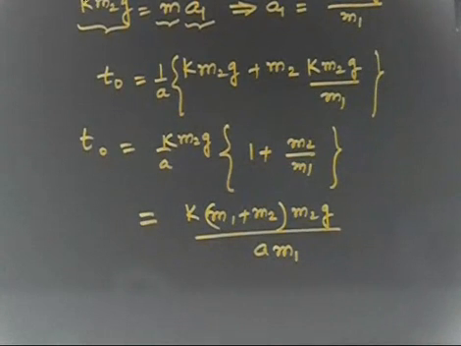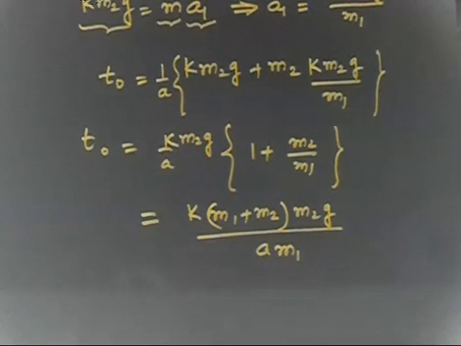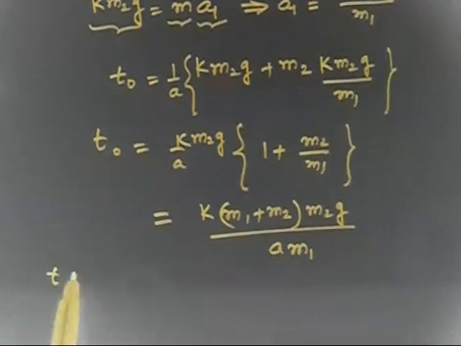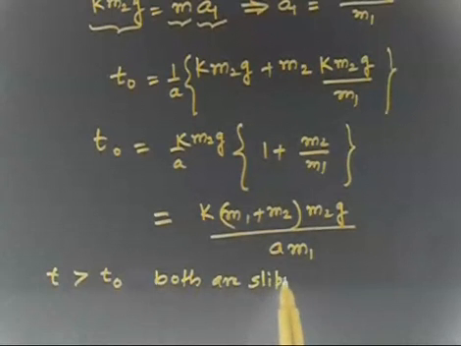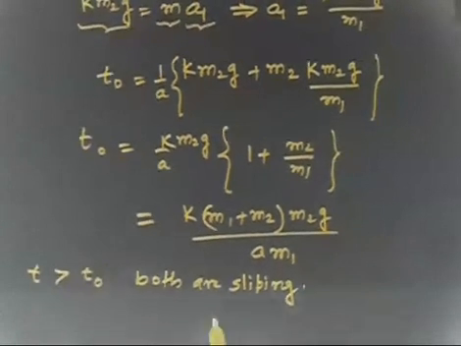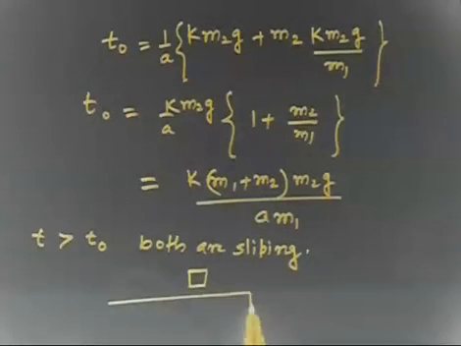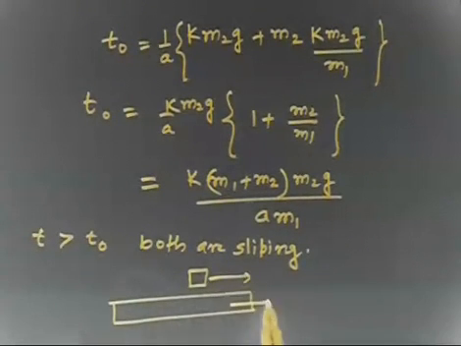Now after this time both will have different acceleration. Even after this time, so this is the time. If T is greater than T naught, basically both are slipping. Are you getting? And this block, the upper block, is going faster and this is going slower.